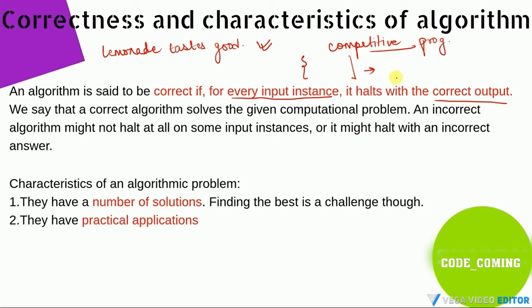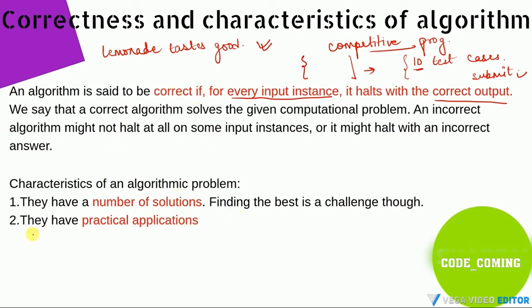Now what the computer does is that it has a total of say 10 test cases. If your algorithm gives the correct output for all those 10 test cases, only then you are eligible to submit and you are marked correct for that problem. So an algorithm will be correct only if for every input instance it halts with the correct output. If not, then it is an incorrect algorithm.